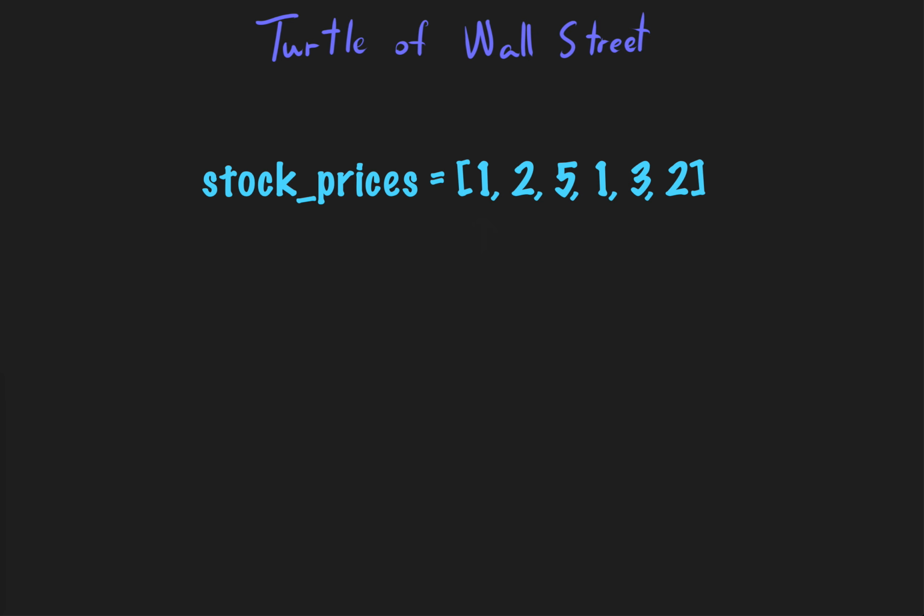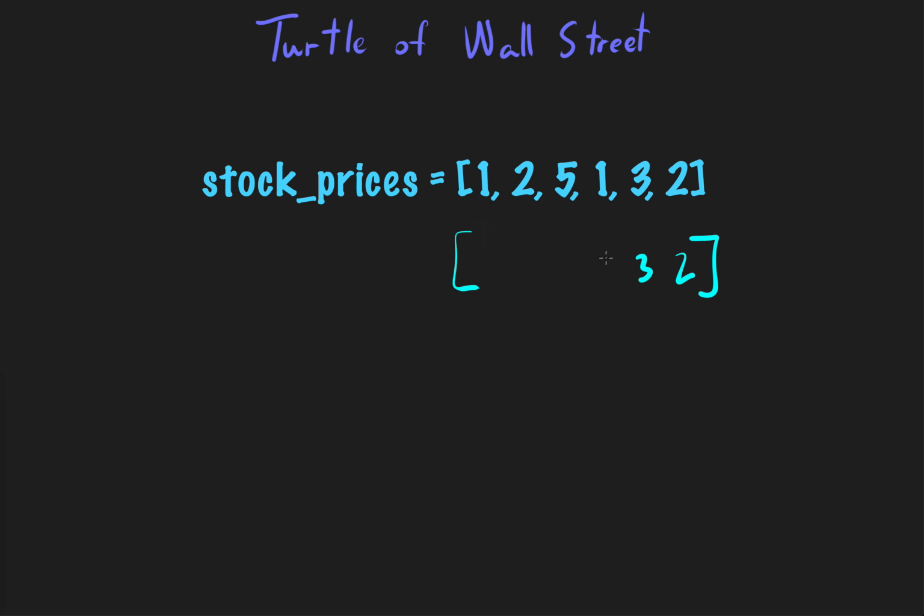So the second way of solving this problem would be to construct an additional array and have a max and just go from right to left and calculate the best selling stock prices, right? So at this point, the best selling price is 2.